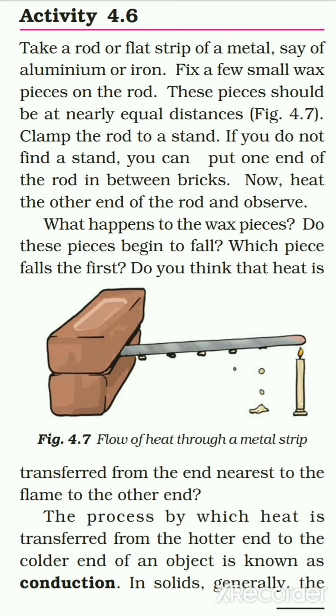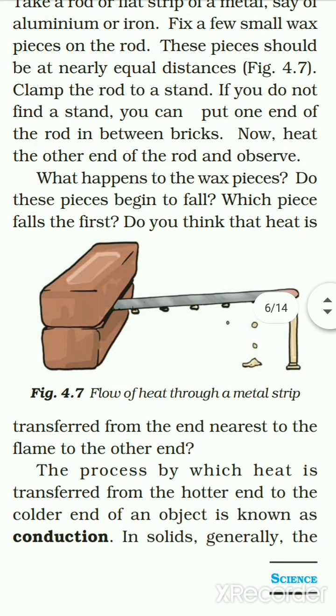Now, what is the result? What do we understand by this activity? The process by which heat is transferred from a hotter end to the colder end of an object is known as conduction. Student, what is conduction? The process by which heat is transferred from a hotter end to a colder end of an object is known as conduction.